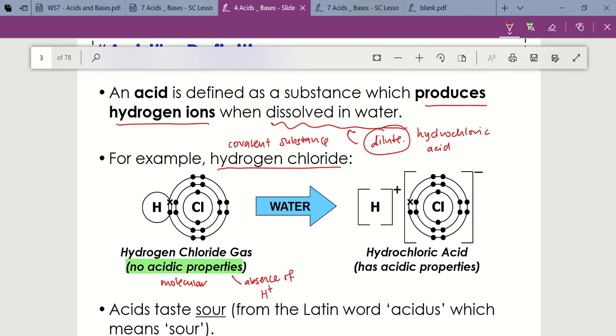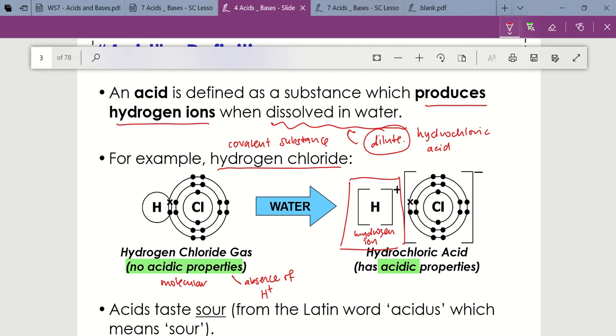However, once water is introduced to the hydrogen chloride gas, it actually breaks up into hydrogen ions and chloride ions. So this is where our hydrogen ion is. And once this is present, we can say that it has acidic properties.